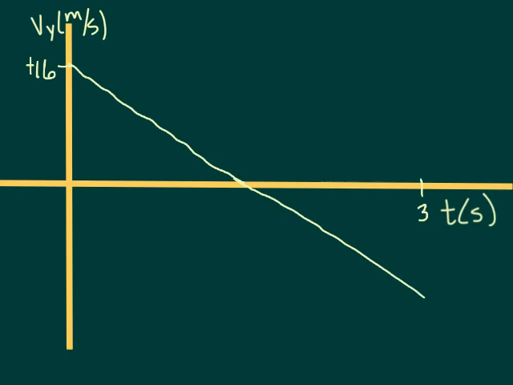But we can also figure out a few more numbers. In that previous section, we know that we found a negative final velocity, so we can actually label that point on our graph as a negative 13.4 meters per second. We know that that's where that ends.